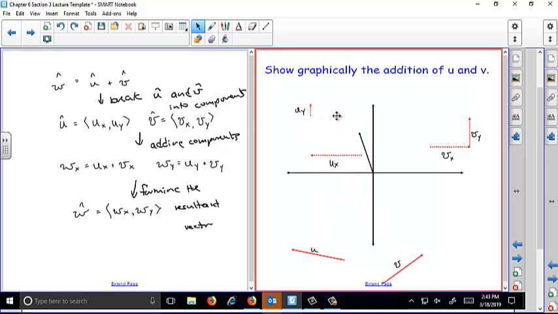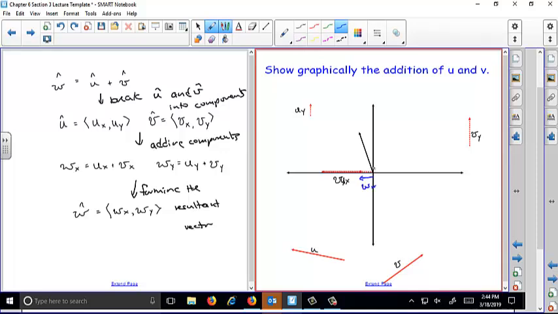If we take the x components, we have a negative x component here and a positive x component there, so this little bit here is w sub x. I'm taking u sub x and adding to it v sub x.